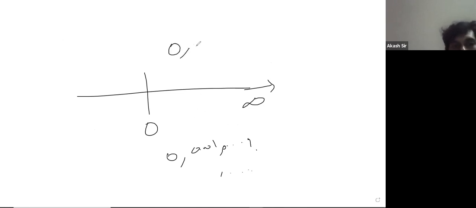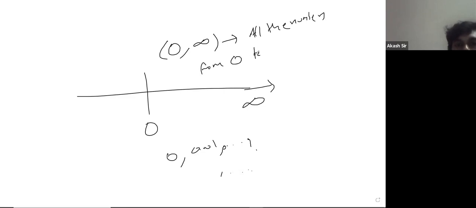If I write 0, infinite, in open brackets, this will mean all the numbers from 0 to infinite. All the numbers, rational numbers, whole numbers, integers, irrational numbers, everyone will be included in 0 to infinite. But 0 and infinite will not be included.